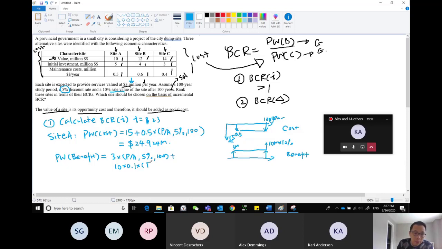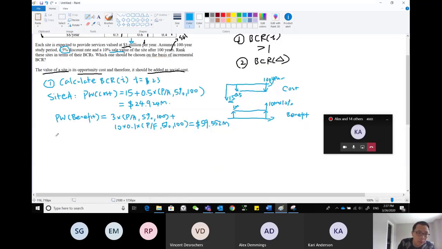So that will be P over F, 5%, 100 years. Okay, this will give us a total value of 59.552 million.